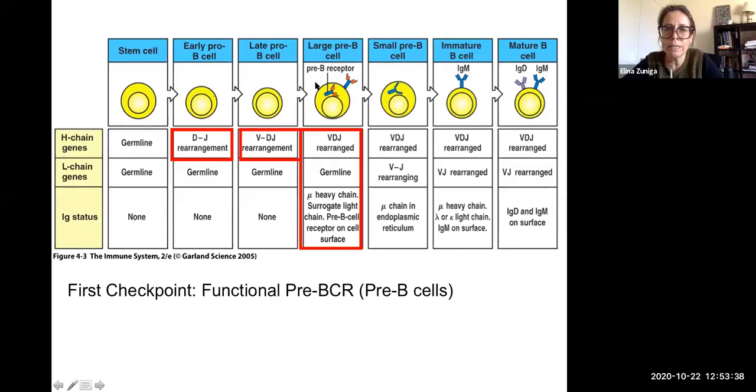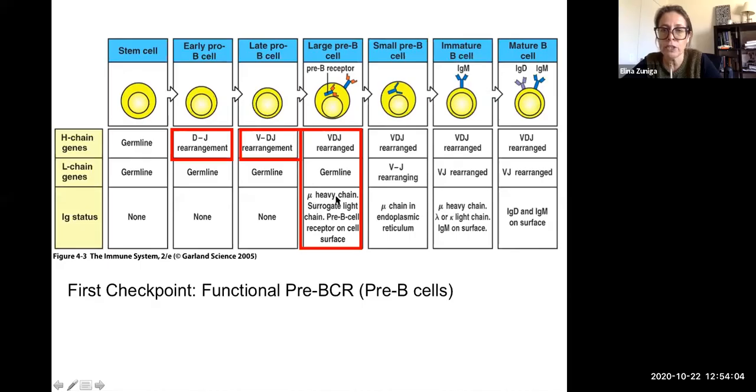You can see here the large pre-B cells express a receptor called the pre-BCR, which is constituted by a heavy chain that has this variable region that has already been rearranged, and the mu, the first constant region that is expressed.